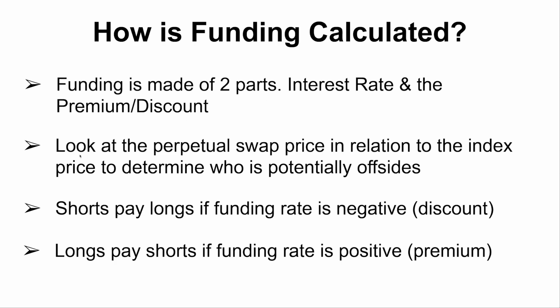So we want to look at the perpetual swap price in relation to the index price to determine who is potentially offsides. This is getting back to determining who's in control, who's offsides. We're looking for these inflection points, these exhaustion points in the market by one party that could flip. Shorts paying longs occurs when the funding rate is negative or at a discount.